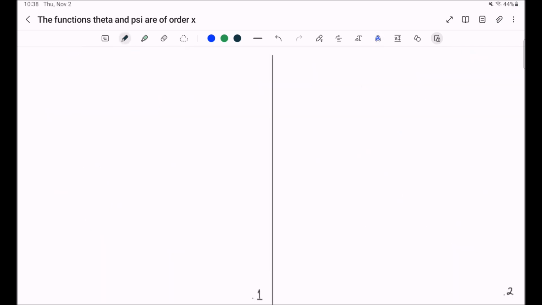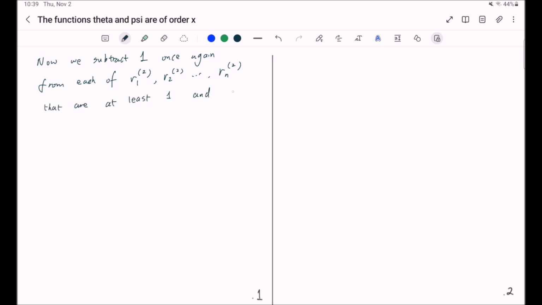And now we subtract 1 once again from each of R1 2, R2 2 through Rn 2 that are at least 1, and get R1 3, R2 3, all the way to Rn 3.